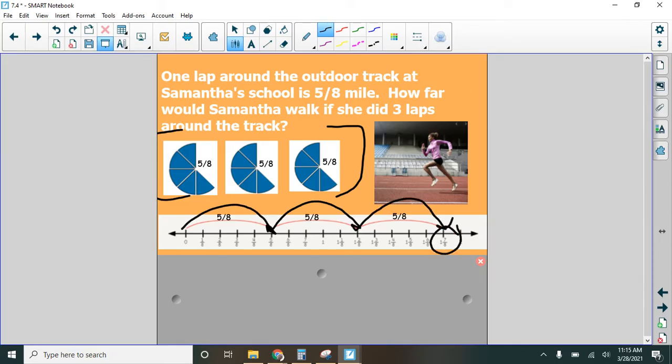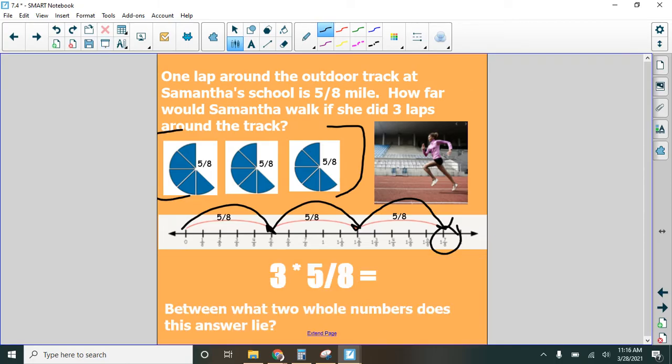And we land on our answer, which is pretty nice. So we would say that 3 times 5/8 equals 15/8, right? Here's 5, 10, 15, 15/8, or 1 7/8, which is how I'm going to write it.